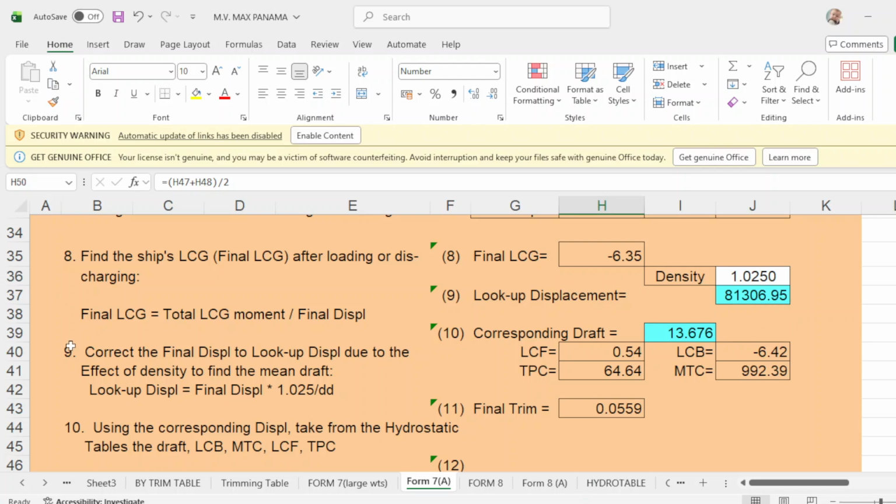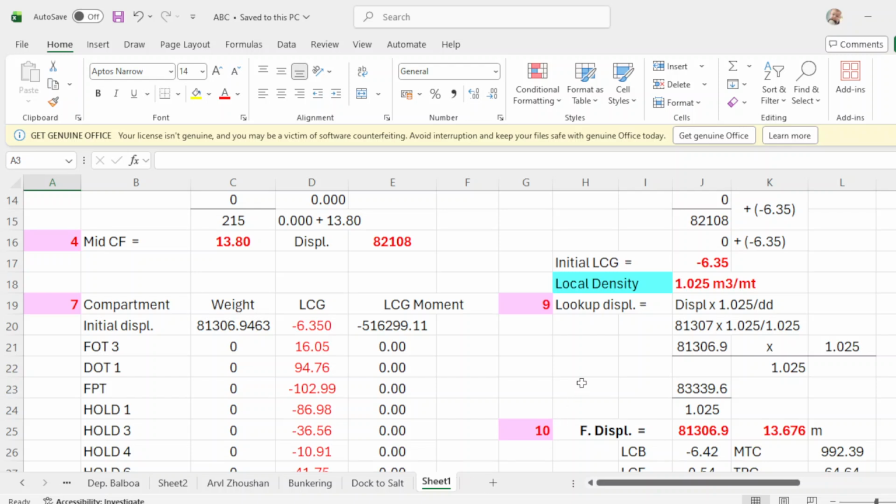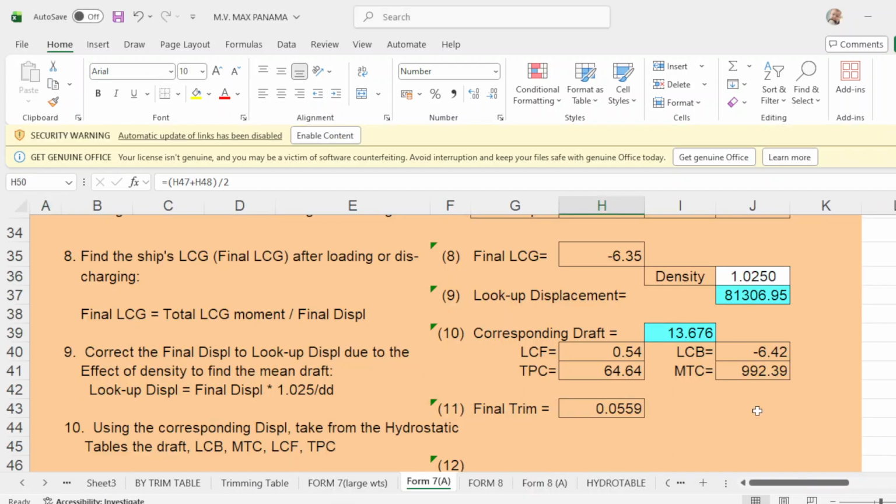And by manual computation, look up displacement times 1.25 over density of 1.25, the final displacement will be 81306.9. Okay, the same.